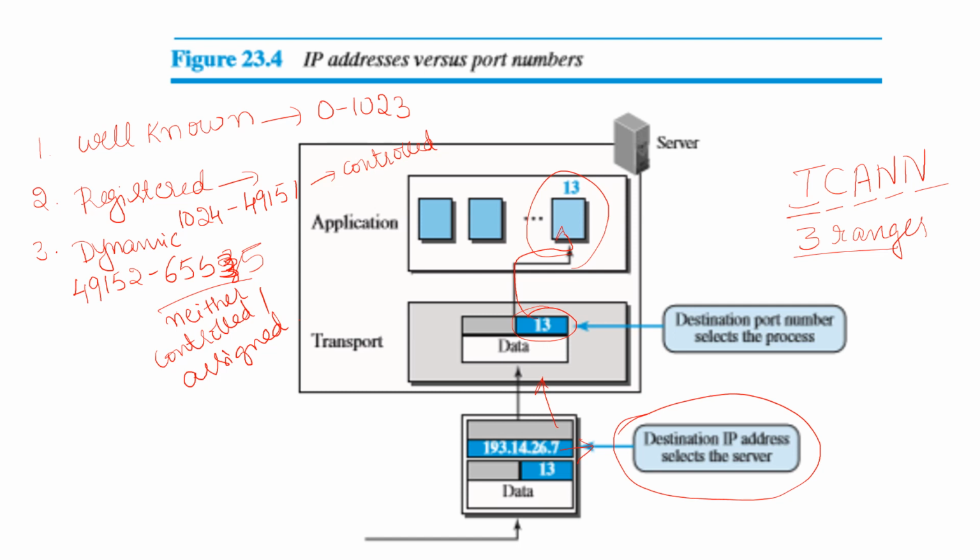These are the port number categories, and the difference between IP address and port numbers is discussed in this figure.